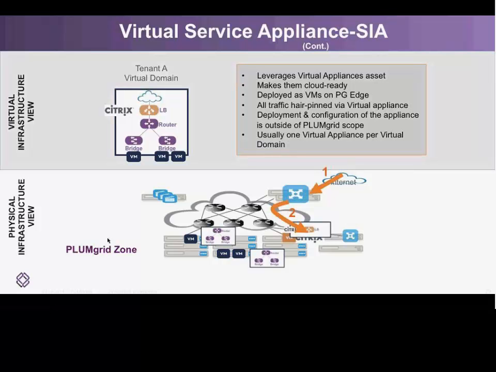All this gets taken care of automatically. The customer doesn't need to know where the virtual appliance is and how to reach it. Then the traffic will get sent to the proper PLUMgrid edge and the destination VM. So this is a very powerful node. It's going to be fully supported via OpenStack as well as our UI.